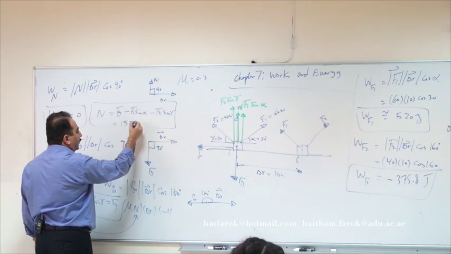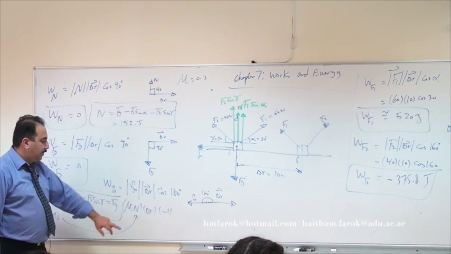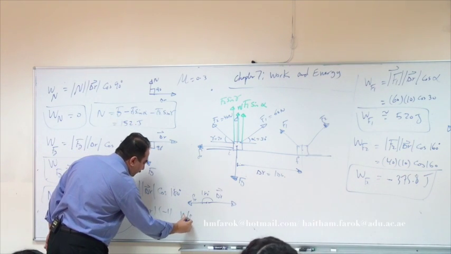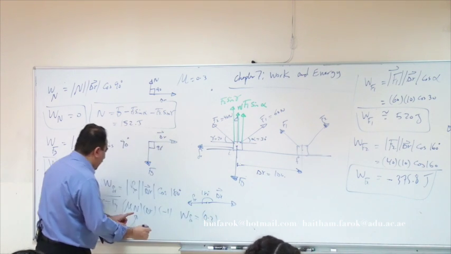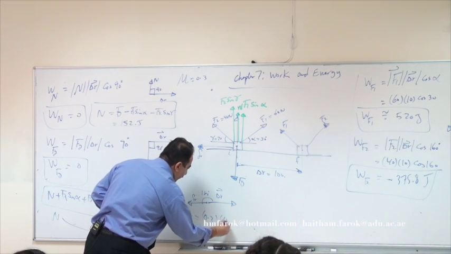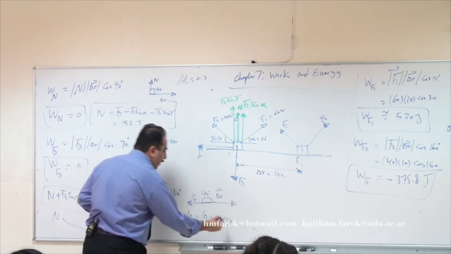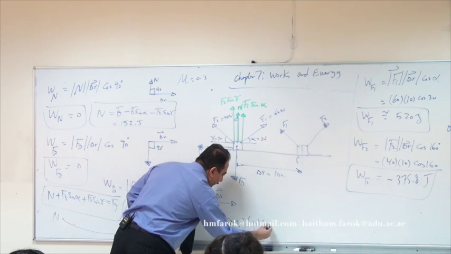So now what is N? 152.5. Okay, now find mu N delta R. So now the work of friction: mu is 0.3, N is 152.5, delta R is 10 meters, multiplied by minus 1.